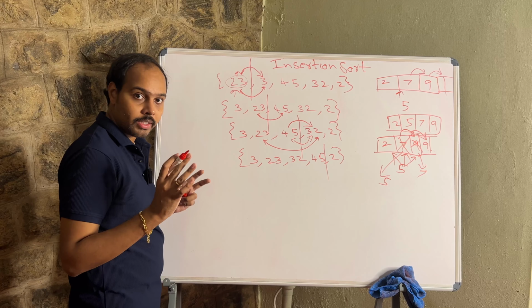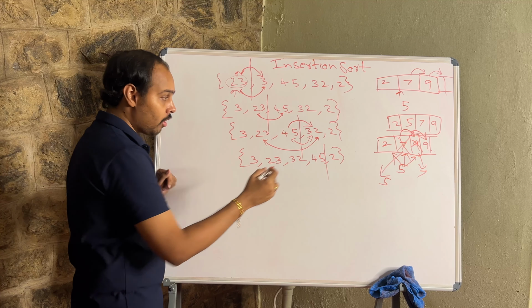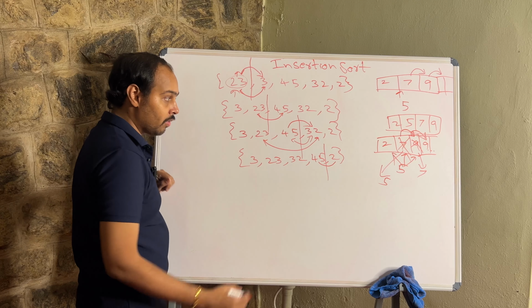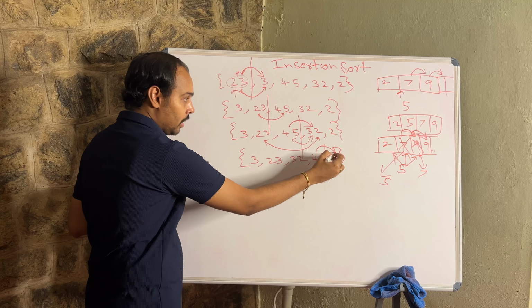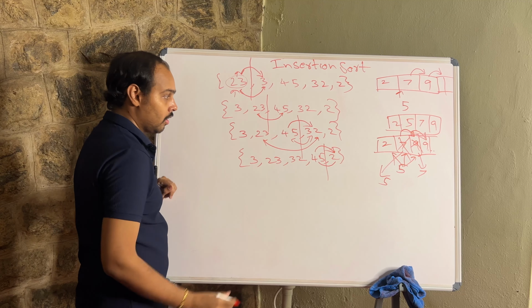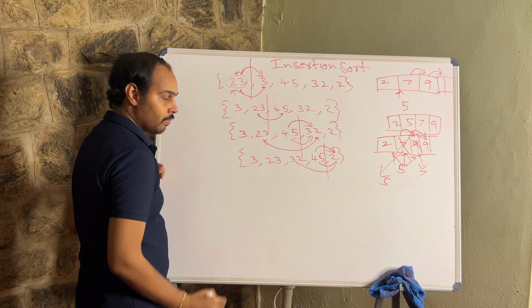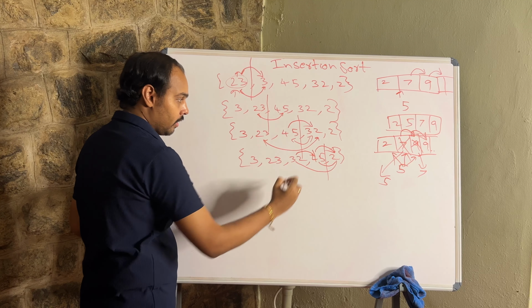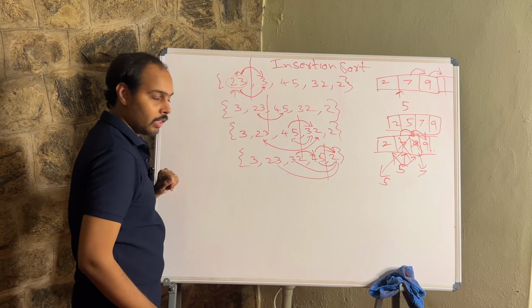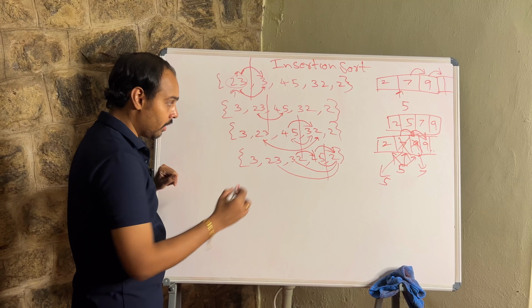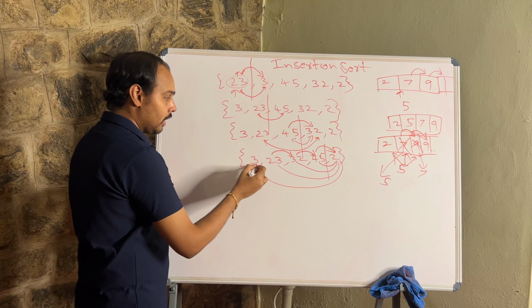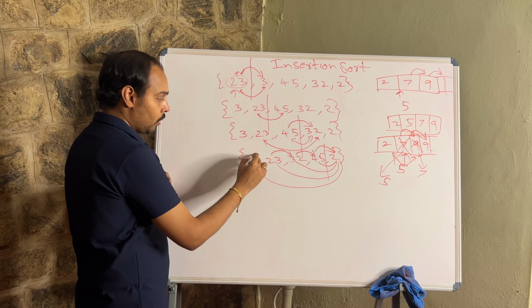Now we do a similar comparison for 2. 45 and 2. 45 is bigger, so we copy it here. 2 and 32. 32 is bigger, so we copy it here. 2 and 23. 23 is bigger, so we copy it here. 2 and 3. 3 is bigger, so we copy it here.